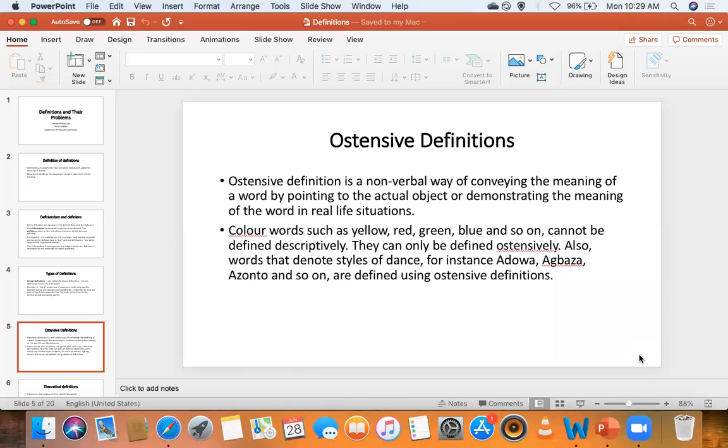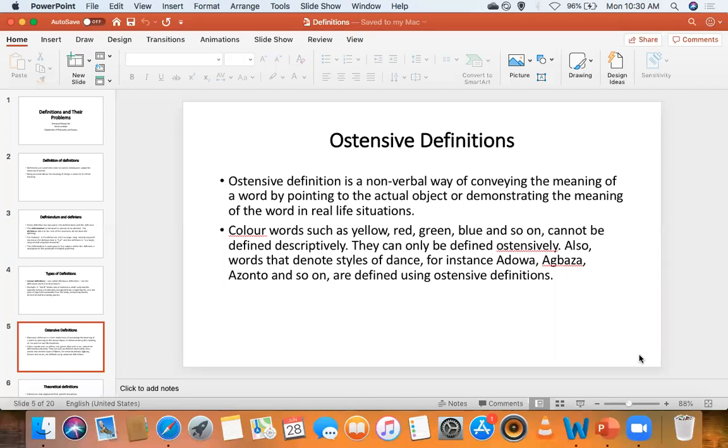It is to define it by demonstrating with action what something means. There are some things in life we cannot define with words. For example, color. Color words such as yellow, green, red, blue, and so on, can't be defined descriptively. They can only be defined ostensively.